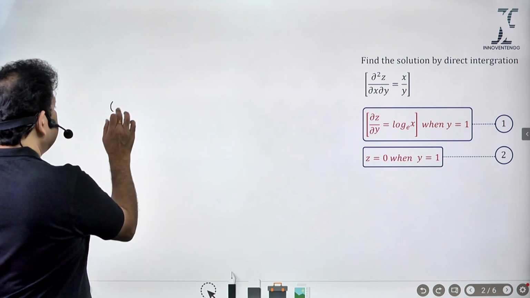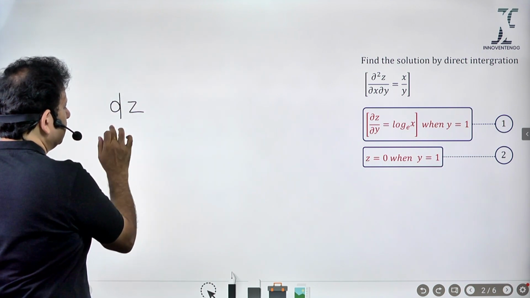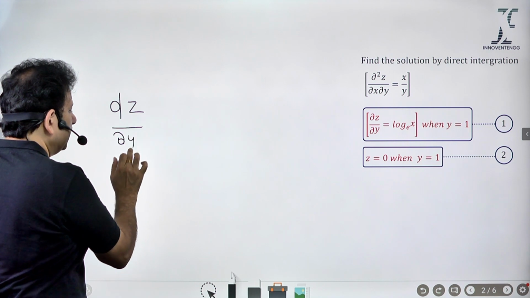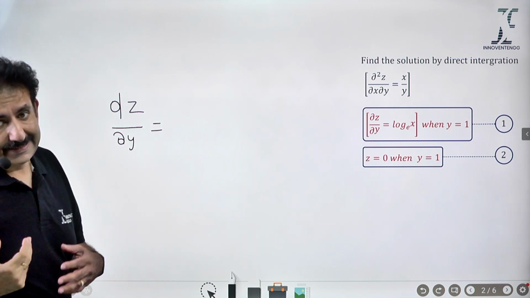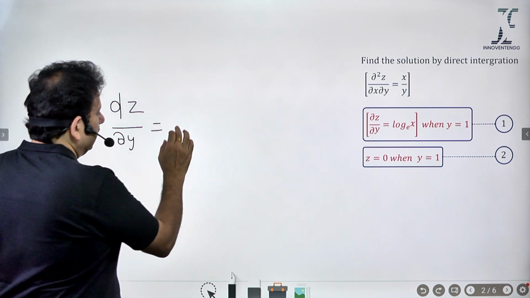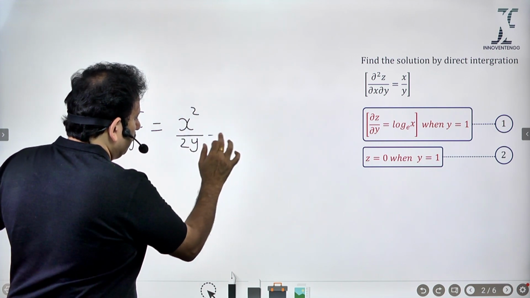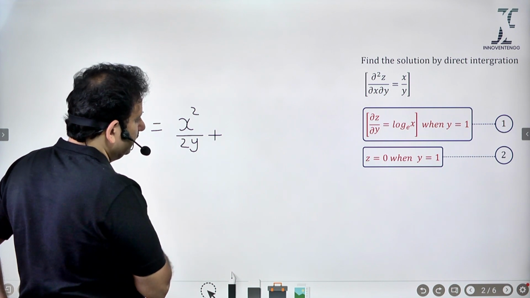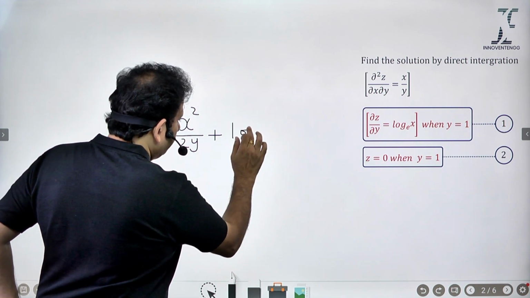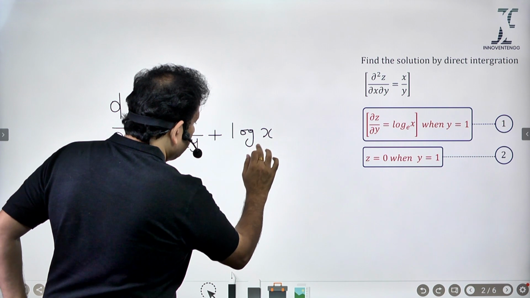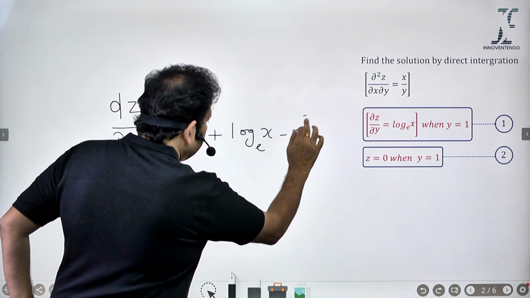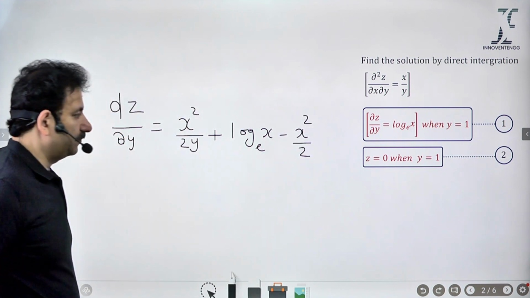So my partial derivative of z with respect to y, because I have already integrated with respect to x, right? So this is 1, and that is given by x square by 2y plus constant of integration f of y, which is now going to be log x to the base e minus x square by 2.